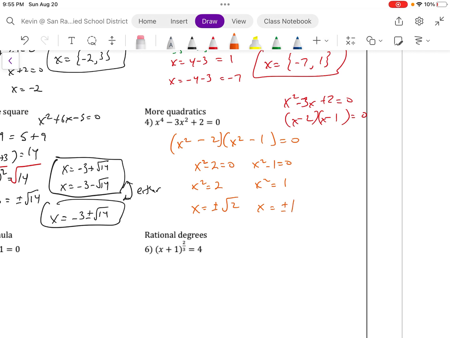And x equals plus or minus 1, because the square root of 1 is 1. So x equals, the solution set, plus or minus root 2, plus or minus root 1.